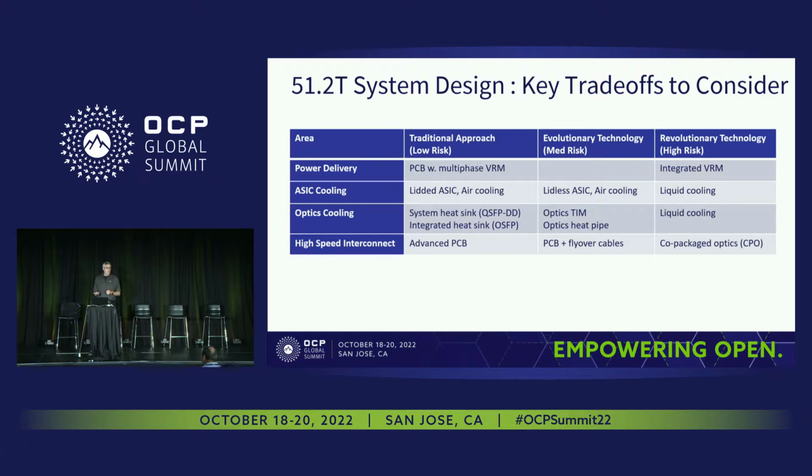There are also ways to augment that, particularly using thermal interface materials on the optics cages, and heat pipes and other more exotic ways of pulling the heat away from the optics cages, which we have already started to use on the ASIC to pull heat away and distribute it better. And then on the right, again, is liquid cooling.